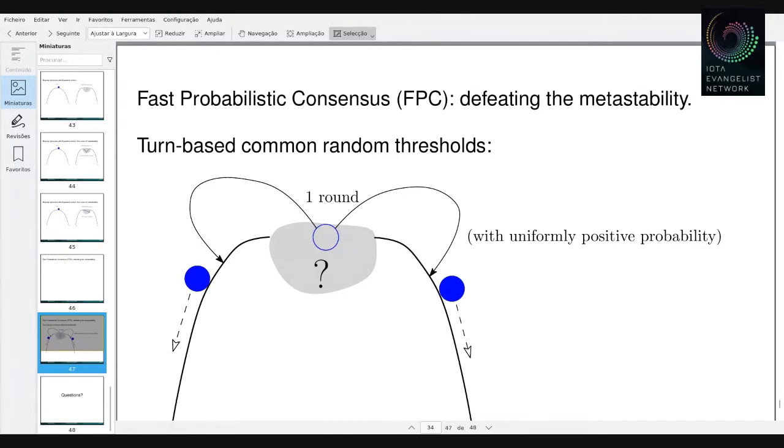Basically, the idea is the following: whatever strategy the attacker might choose in this region, with uniformly positive probability, like 1/2, 1/3, or 1/7 or something, just in one round, the drunken guy will jump out, either here or here.